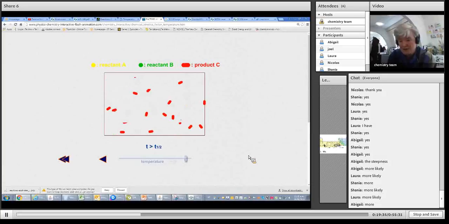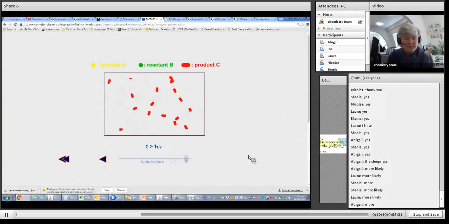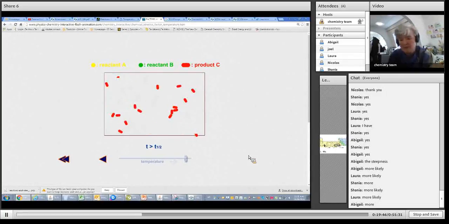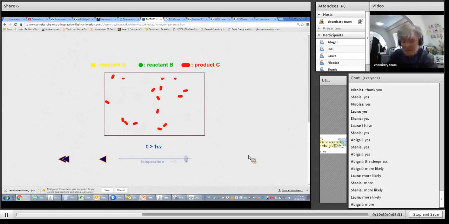So if I had, just to use numbers, say 60 collisions per second, and then I raised my temperature, I'll have, say, now 100 collisions per second.